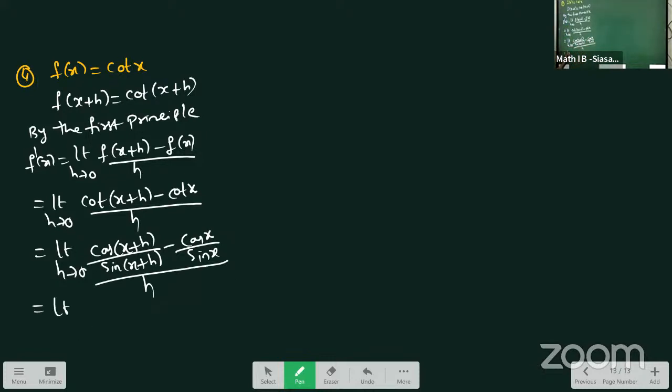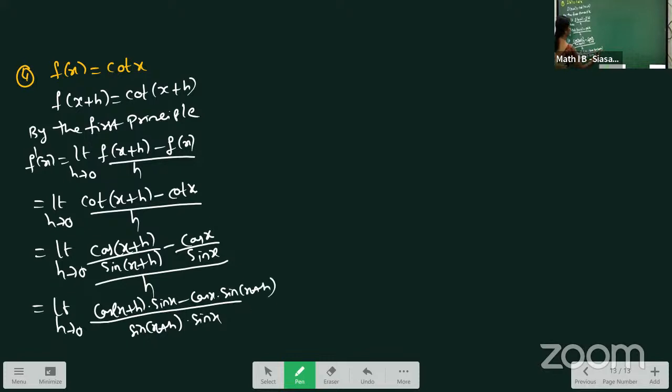Same as the previous question, take the LCM. LCM is sin of x plus h into sin x. So here what do we get? Cos of x plus h into sin x minus cos x into sin of x plus h, and the denominator is h, write it into h.